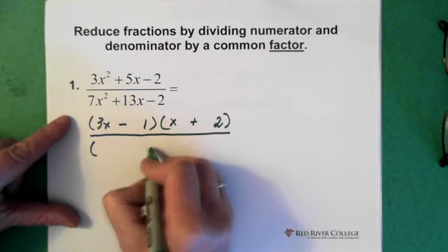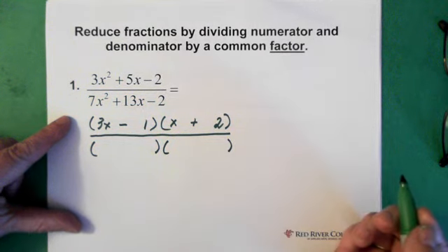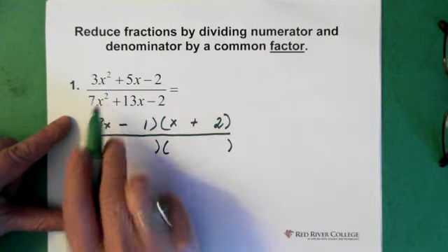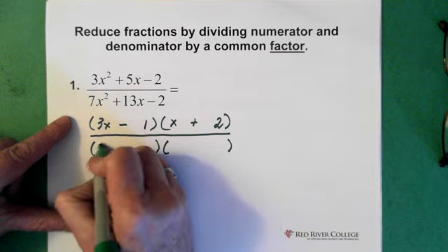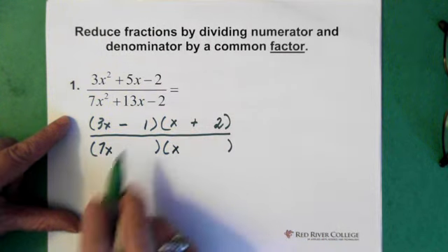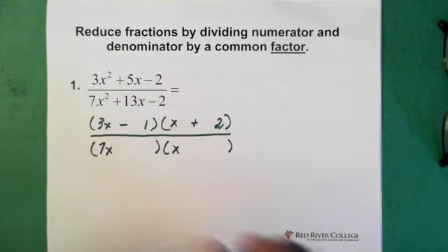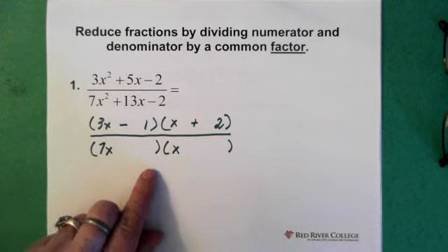So again, bracket, bracket, and another set of brackets. 7x squared, pretty easy. Let's just put a 7x here and an x here. 2 again, pretty simple. It's a 2 and a 1. But where do we put the 2 and the 1?